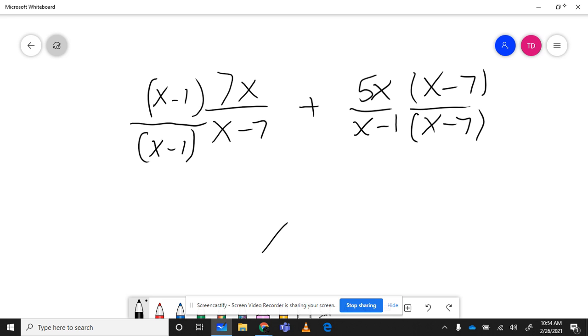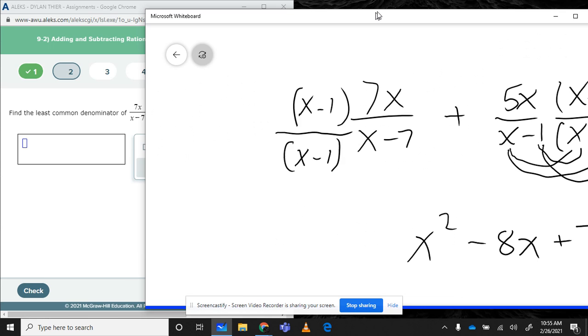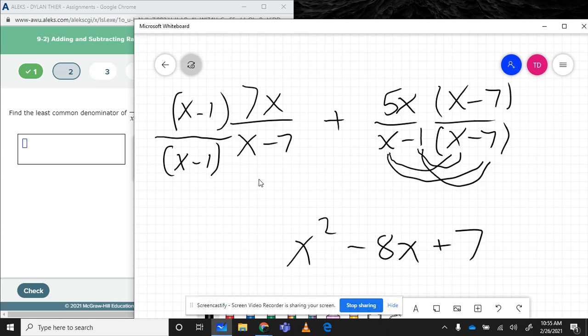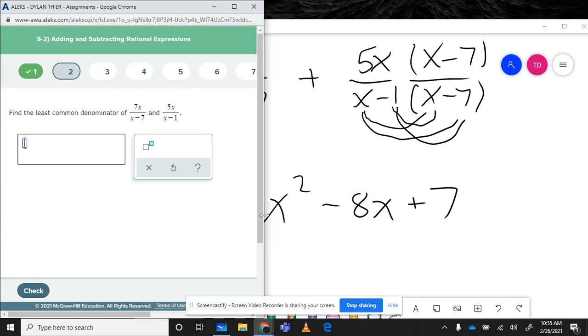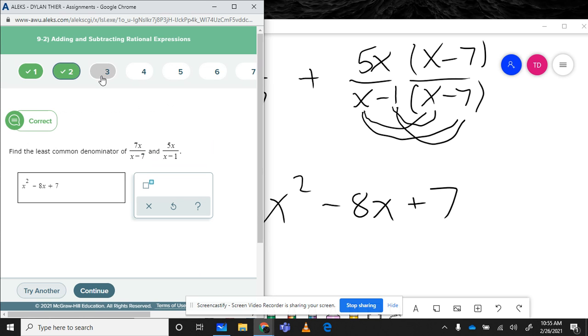Therefore, what is the common denominator? Foiling here, we'll have x squared, negative 7x, another negative 1x, and positive 7. So our least common denominator, I don't know if they want this in factored form or not, but I'm going to write it as x squared minus 8x plus 7.